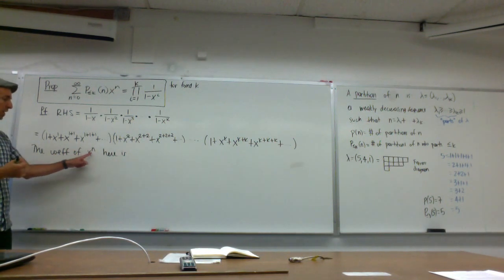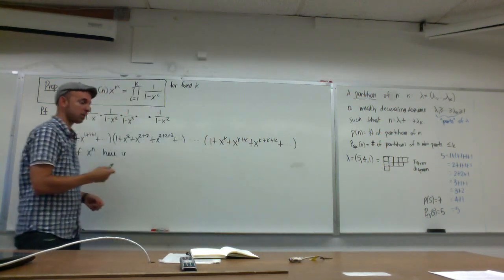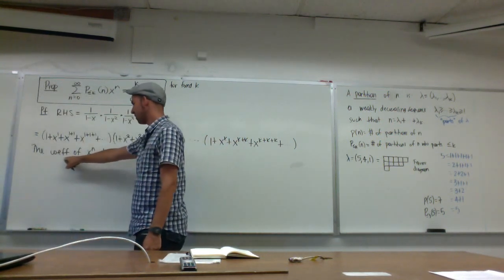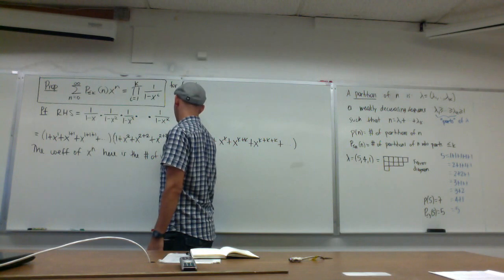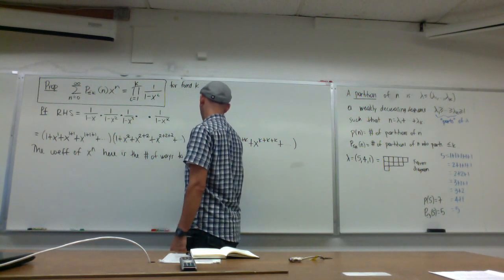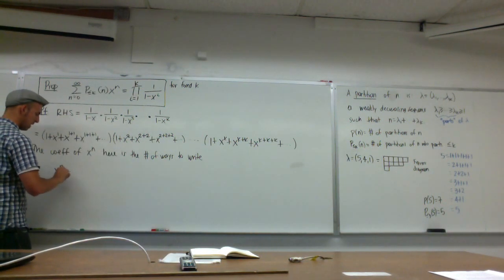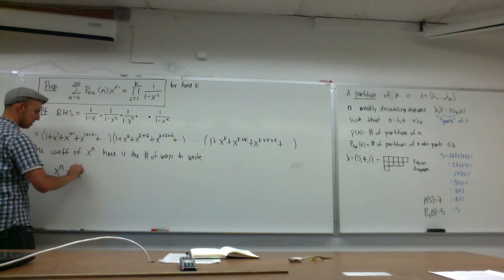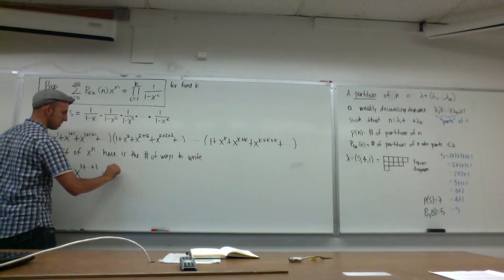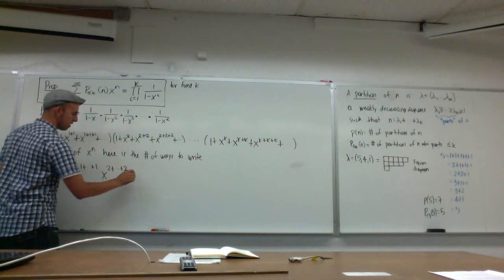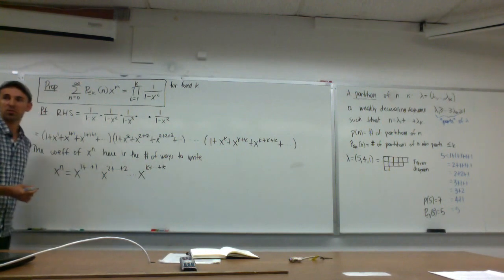Well, to get an x to the n, you have to choose a term here, a term here, a term here, and so on. And so the ways of getting x to the n are the ways to write x to the n as x to the sum of 1s, and then x to the sum of 2s, etc., up to x to the sum of k's.